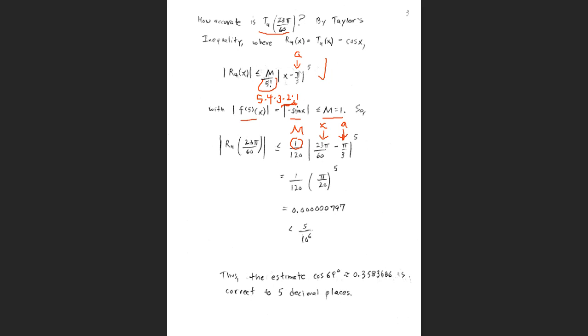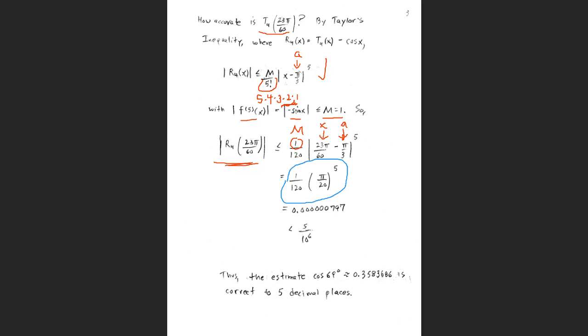And so the error in your approximation is less than or equal to, I'm sorry, less than or equal to this. 1 over 120 times pi over 20 to the 5th power.